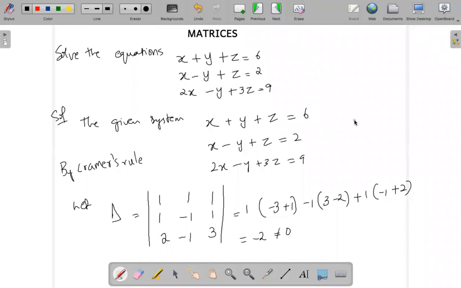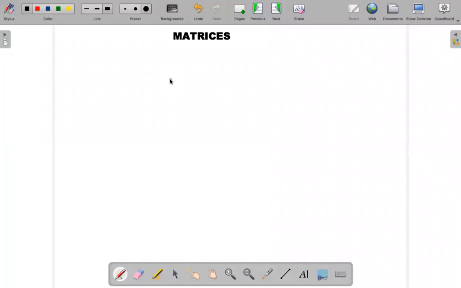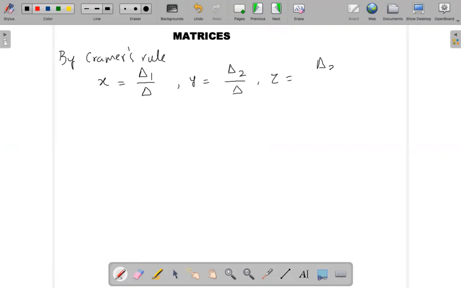So which is not equal to 0. Now by Cramer's rule, we can find the unknowns: x is delta 1 by delta, y is delta 2 by delta, and z is delta 3 by delta.